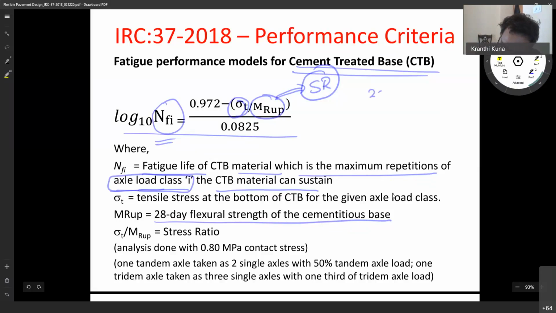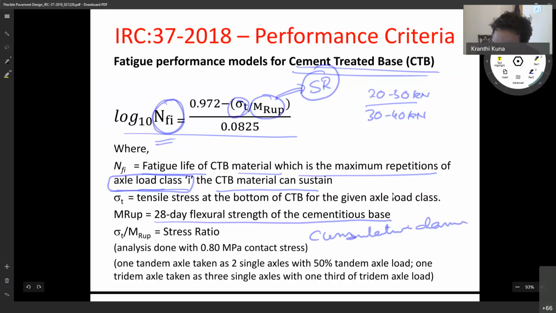So 20 to 31 kilonewton, 30 to 41 kilonewton, one axial load class, and for different axle types, single axle, tandem axle, tridem axle. For each axial class, we have to run the analysis and find out the design life, and we call it the cumulative damage approach.